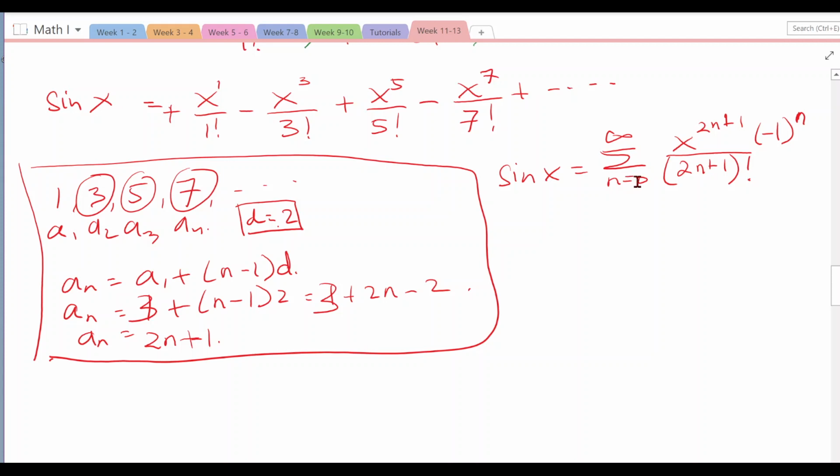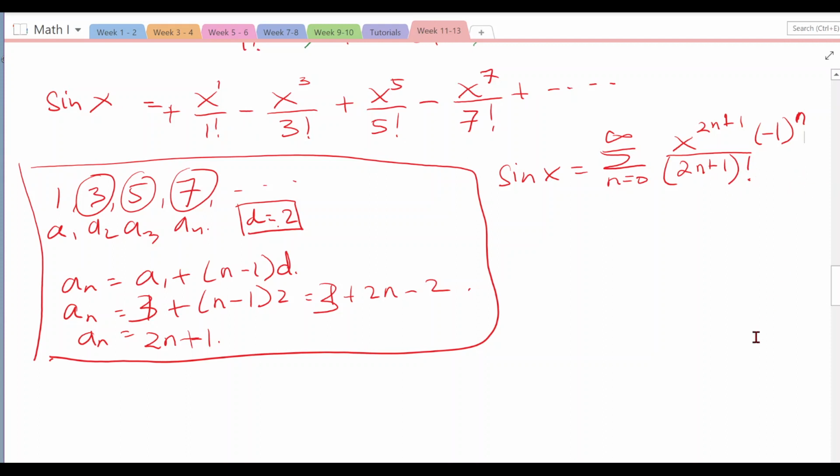At n equals 1, 2 plus 1 gives x to the power of 3 over 3 factorial. Everything now is correct. If n is 0, this is 1 factorial; if n is 1, this is 3 factorial, and so on.